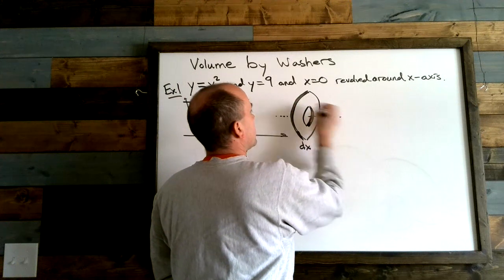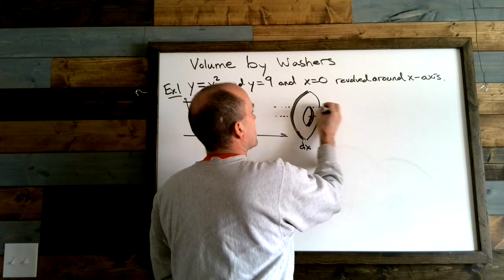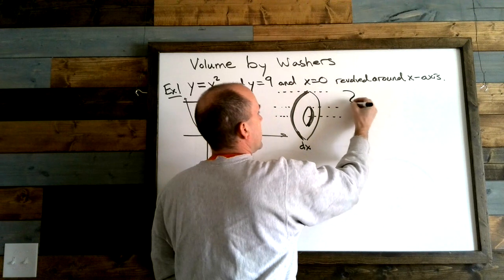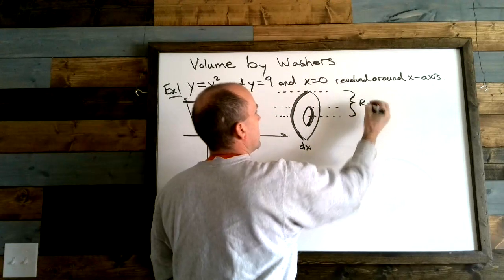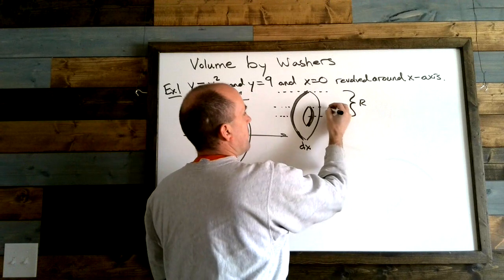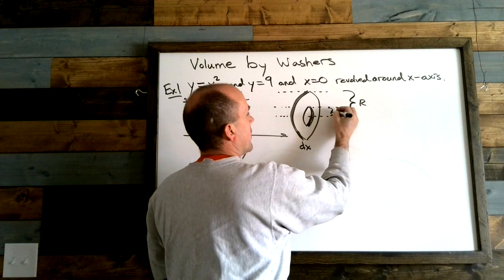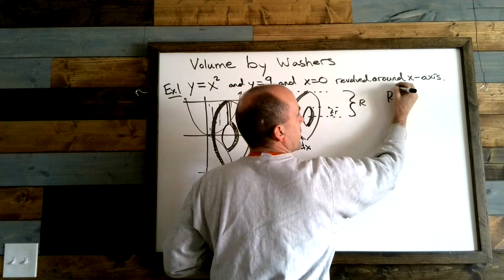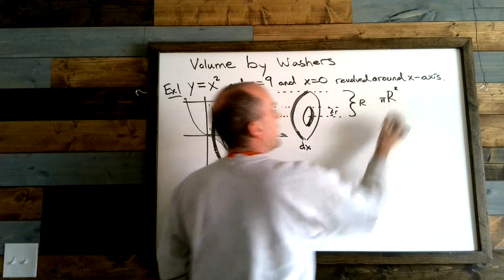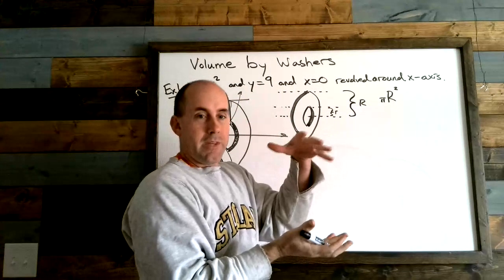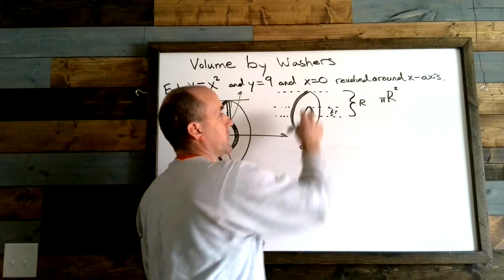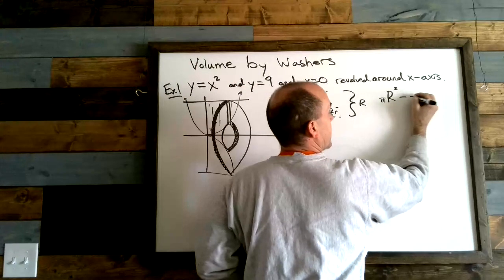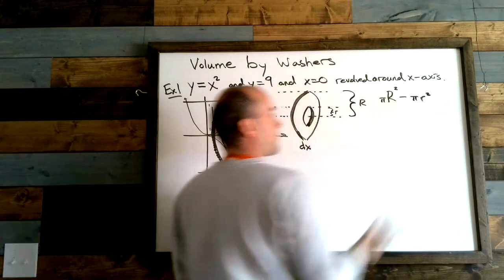Well, if we call this big R and we call this smaller region little r, what we could do is take big R squared times pi. That's going to be the area of the entire circle, and then we subtract off the area of the smaller circle. So minus pi times little r squared.